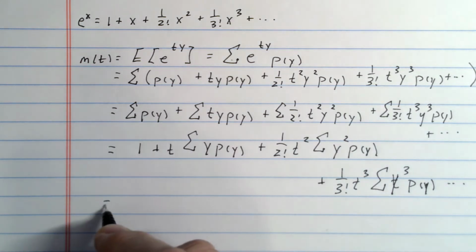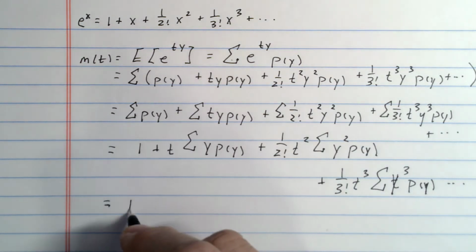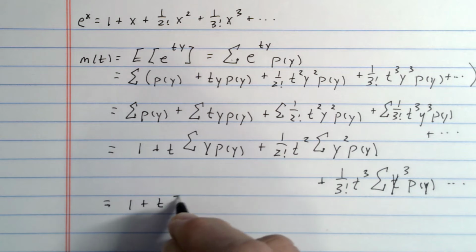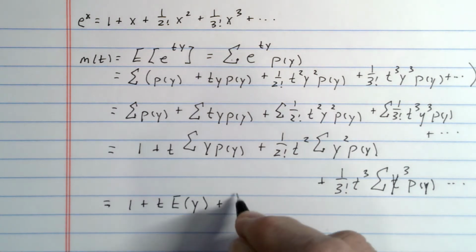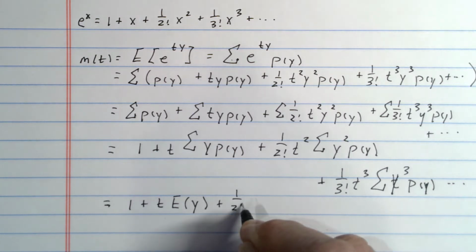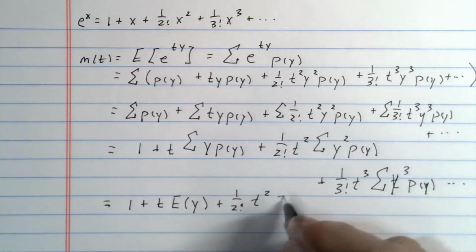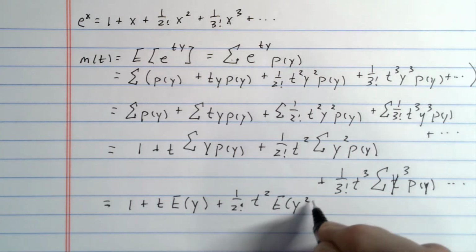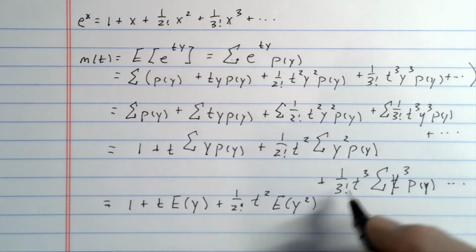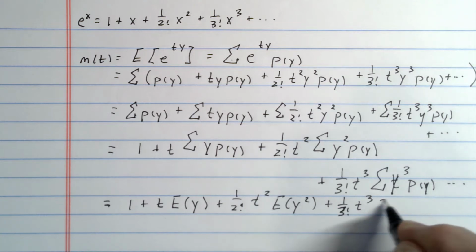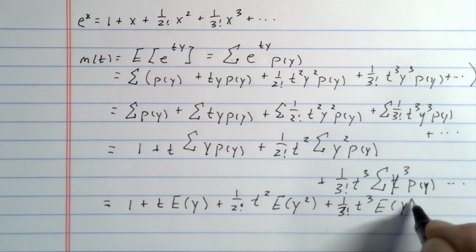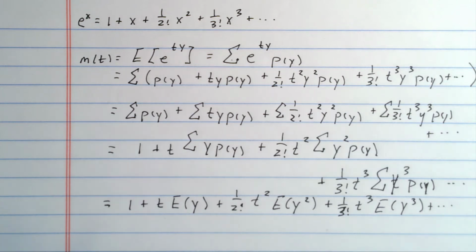So we can rewrite this as 1 plus t times the expected value of y plus 1 over 2 factorial t squared times the expected value of y squared plus 1 over 3 factorial t cubed times the expected value of y cubed, and so forth.